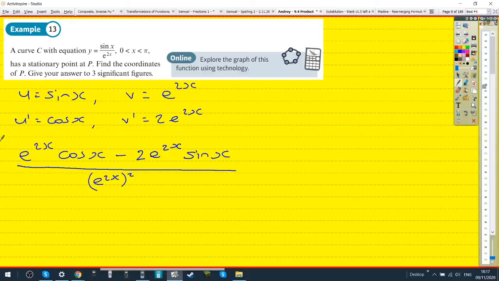What do you know about a stationary point? It's equal to 0. What's equal to 0? The differentiation. Yeah. At a stationary point, dy dx equals 0. So how do we solve this crazy fraction?